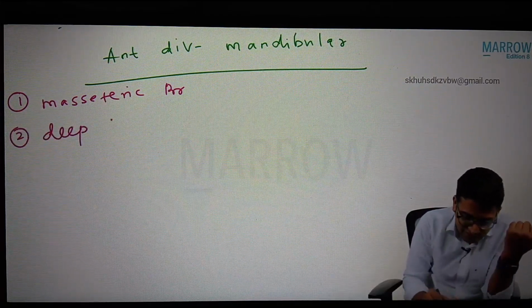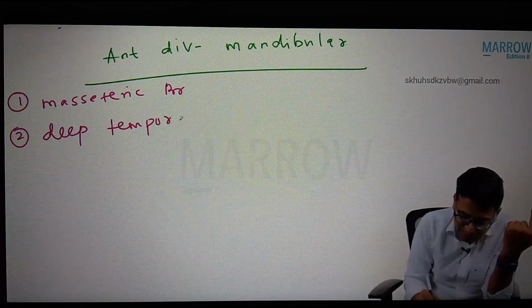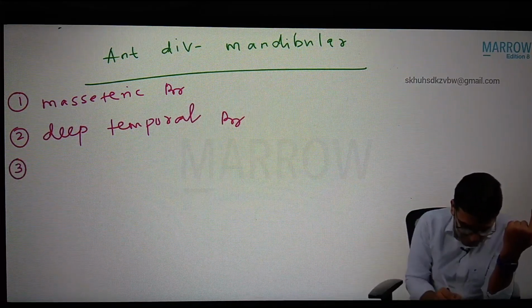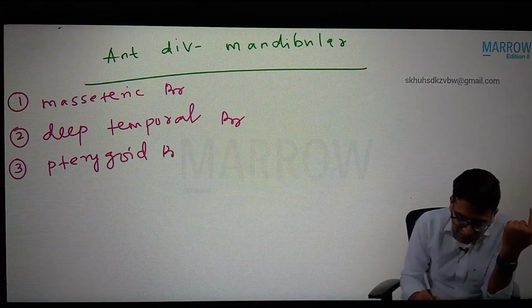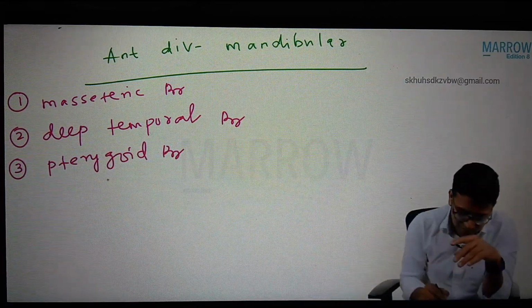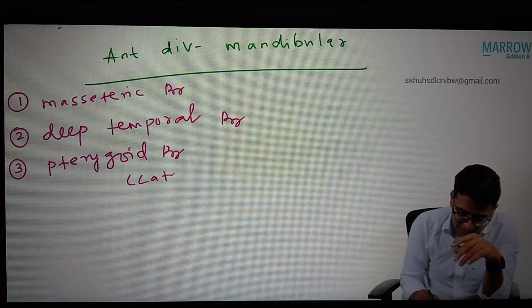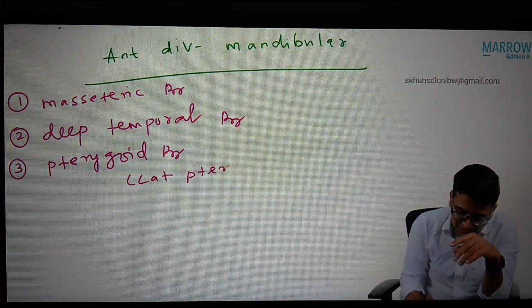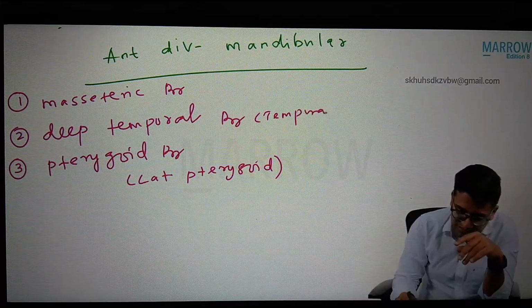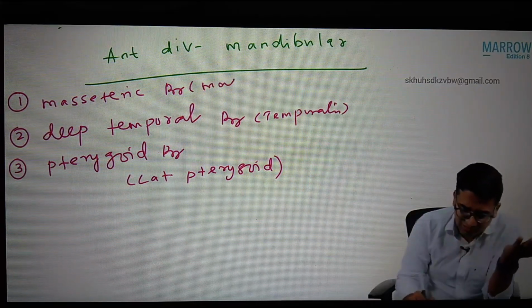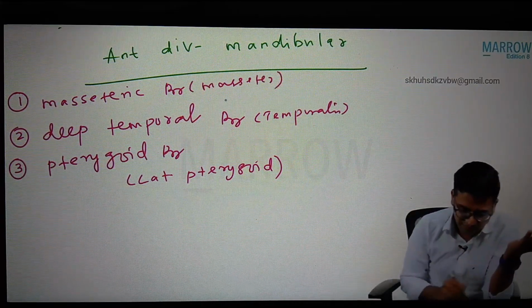Number 2, the deep temporal branch to the temporalis muscle. And number 3, the pterygoid branch to the lateral pterygoid muscle.